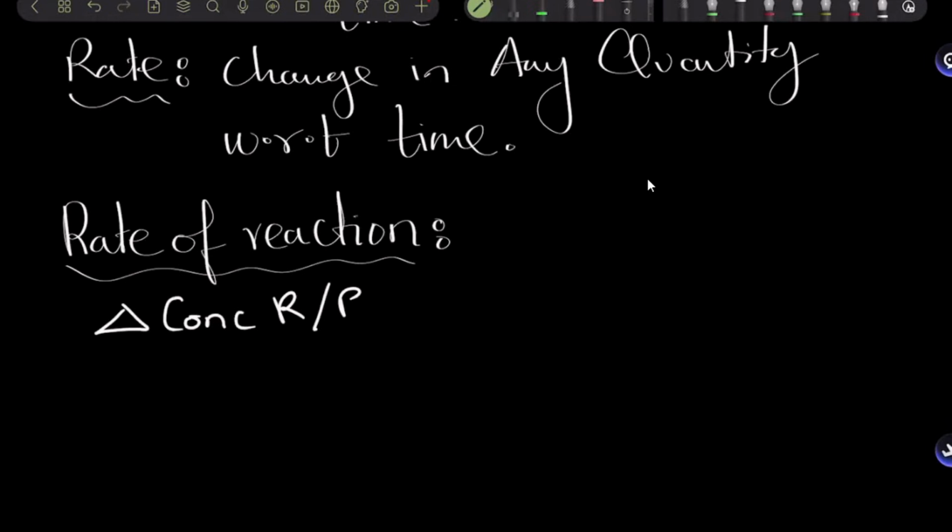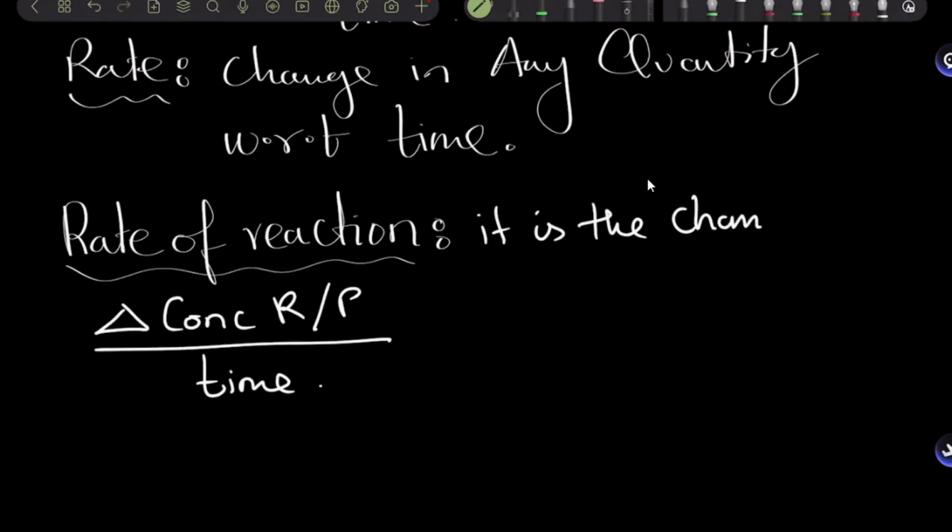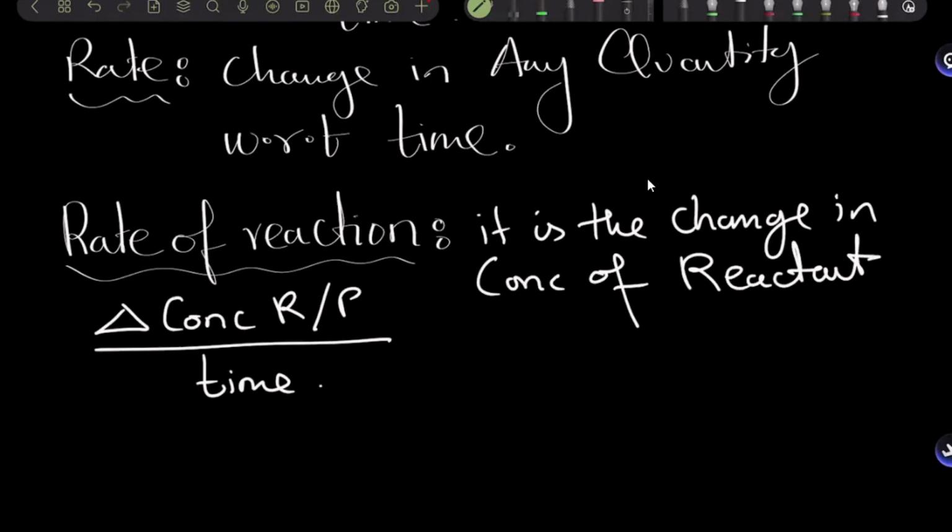So change in concentration of reactant or product per unit time, that's known as our rate of reaction. So I'll define it: it is the change in concentration of reactant or product per unit time.